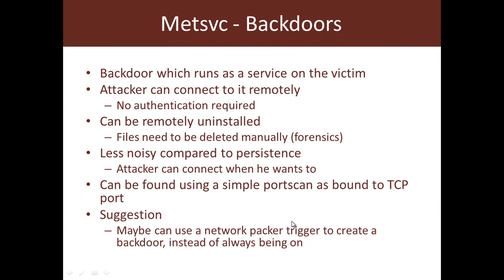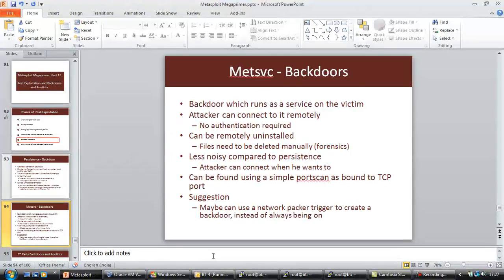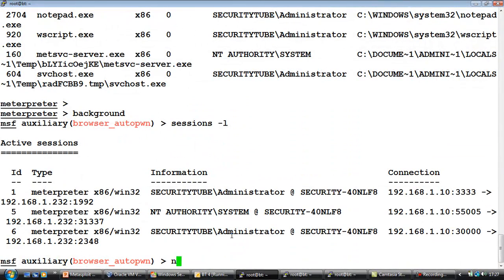Anyway, so I think some interesting changes could be done, like what I proposed, having a network packet trigger, probably an ICMP packet, a ping packet being sent to the host with a particular little signal in it, which actually tells the backdoor that, okay, now bind to the port instead of being bound always. Because one of the things is, if I run an Nmap scan on the remote machine, let's actually do this.